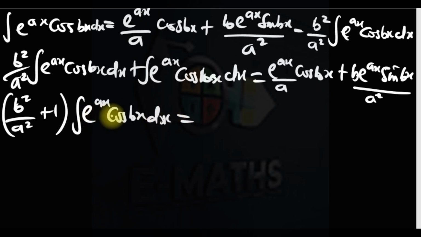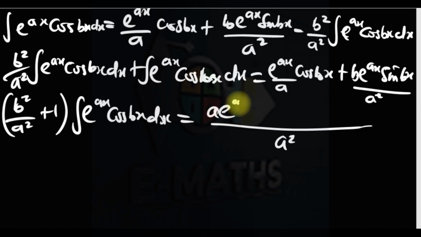Do you get? I factored. If you multiply this times this, I have this back. So we're making the integral the subject of the formula. The LCM is a squared. a squared over a squared times a gives a e^(ax) cos bx plus b e^(ax) sine bx.